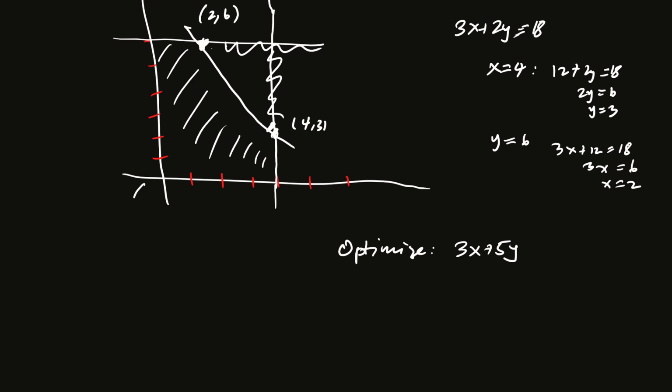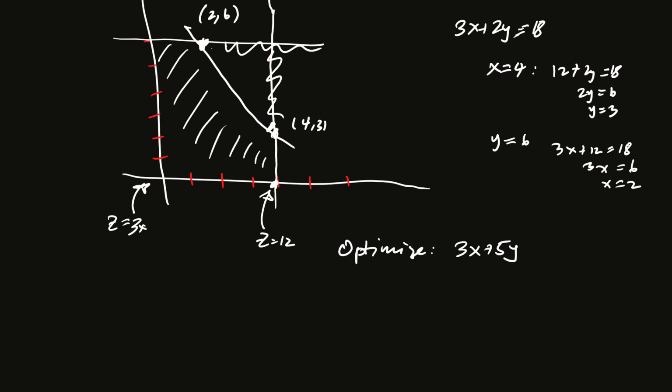Now, what happens along the x-axis? Along the x-axis, y is equal to 0, and so this function just becomes 3x, right? And so the maximum would occur right here at the boundary, and so that's 3 times 4, so at this point z is equal to 12.